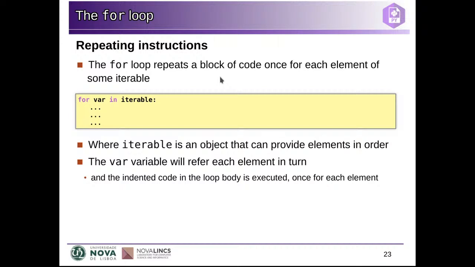At each step of the loop, so each time this code block is executed, the variable you put here will be pointing to one element of whatever you have here that has a series of elements. So an iterable can be a list, a tuple, a string, something like that, that can supply one element at a time. The basic idea is that whatever you write inside the for loop will be executed once for each element in this iterable, and for each of these steps, the variable you put here will be pointing to that element of the iterable.